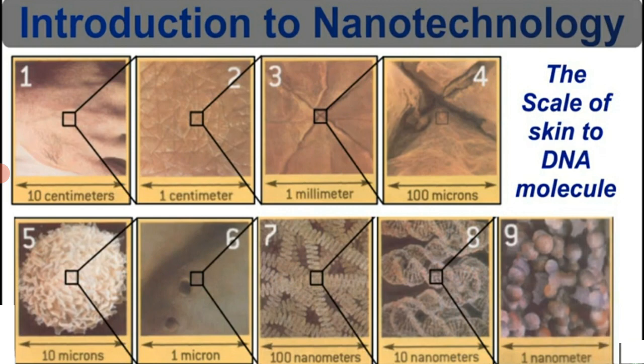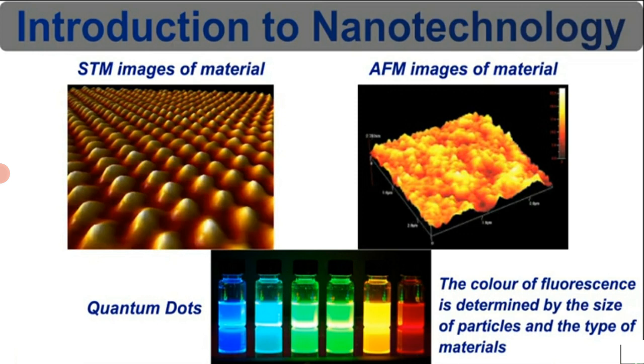This is the skin, and then the grains at 10 microns, 1 micron, 100 nanometers, 10 nanometers and 1 nanometer. The first STEM image of a material, AFM images of a material, and quantum dots. These are nanoparticles.